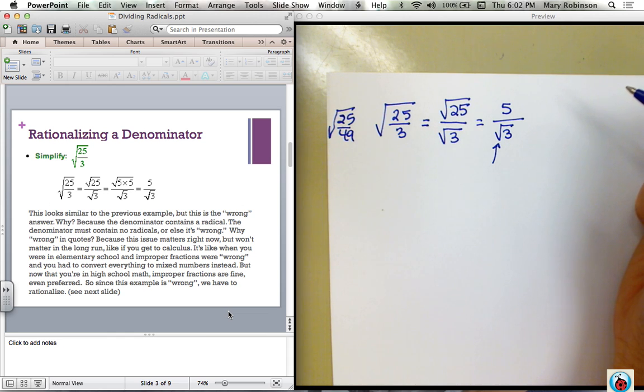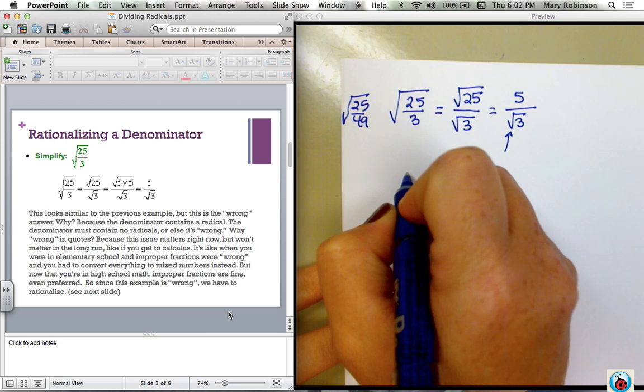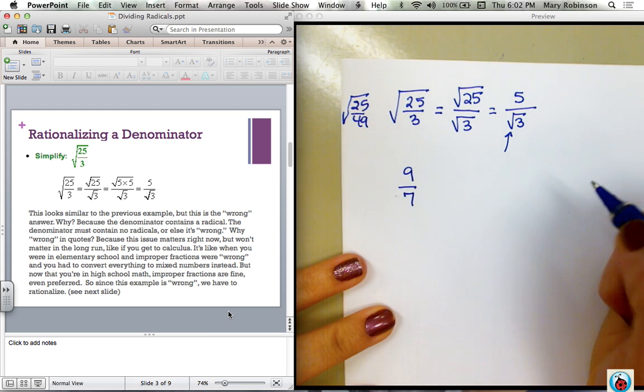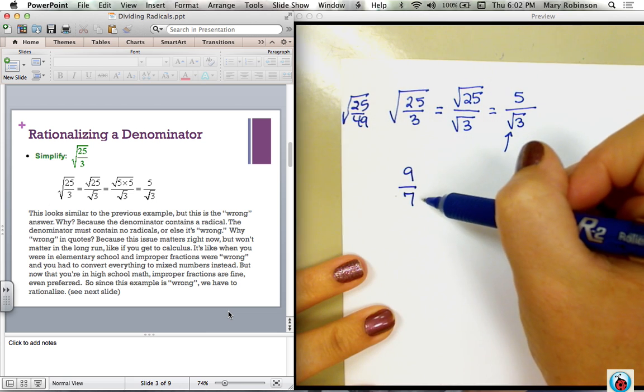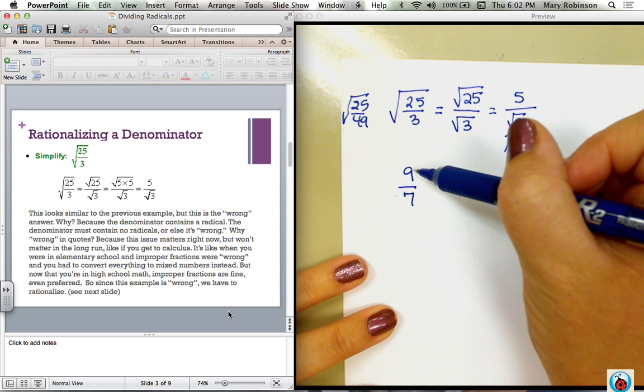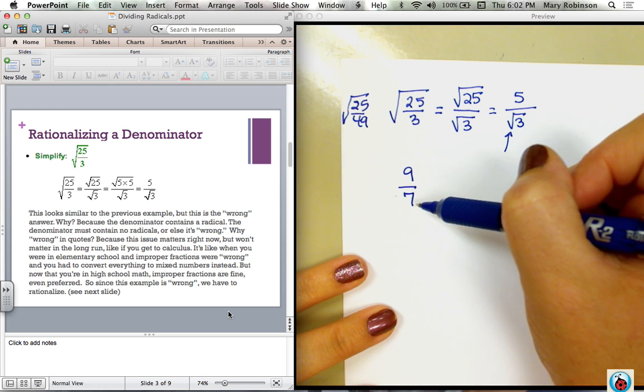This issue is going to matter now in this course and throughout your high school career, but if you get to calculus, you won't have to worry about eliminating the radical. So this is similar to how in elementary school they might tell you do not leave a number as an improper fraction. Remember that an improper fraction is when a numerator is larger than its denominator.